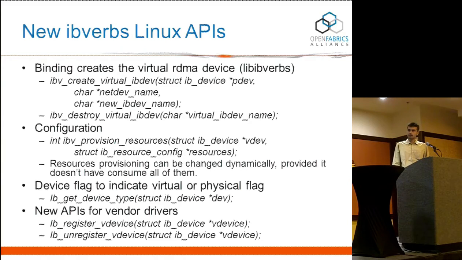So that's the provisioning part. And the other simple APIs that we have are hooks provided to the vendor drivers to register a virtual device and unregister a virtual device. So any vendor-specific thing that we want to do is invoked through those APIs. Those should be called from the callback APIs when the virtual device is created or destroyed.